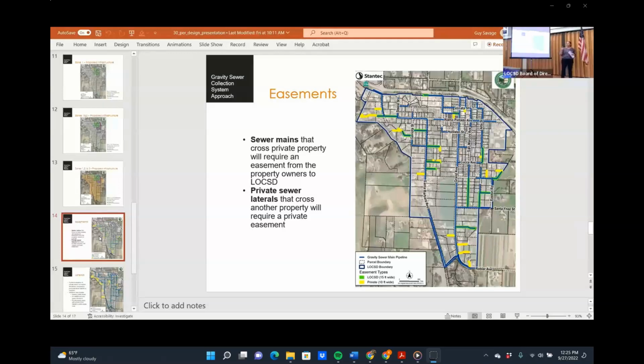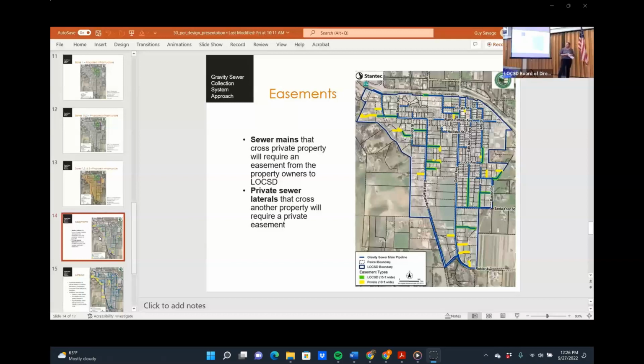So all of that played into some proposed private easements. That's obviously further down the road in discussions, but the way that the streets are laid out, if you're gravity down, and that's the end of the street, it's really hard to gravity up the street and then back down. So there are some proposed private easements.